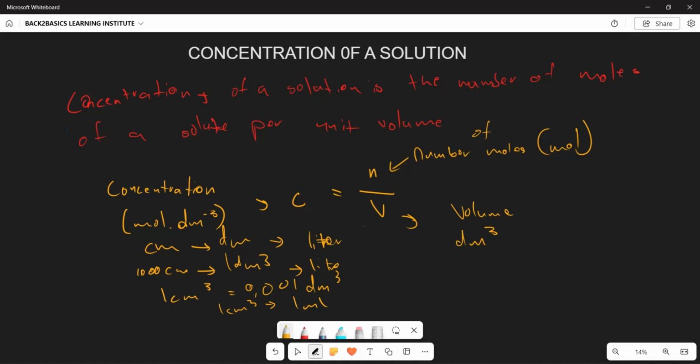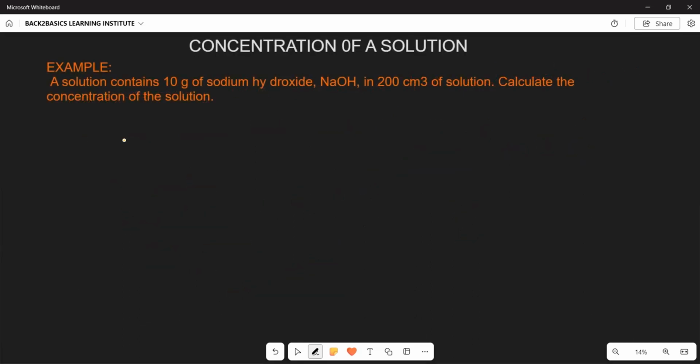Now let's see how we can go about calculating this concentration. Let's get some examples. We are given a solution, and they say the solution contains 10 grams of sodium hydroxide in 200 centimeters cubed of solution.